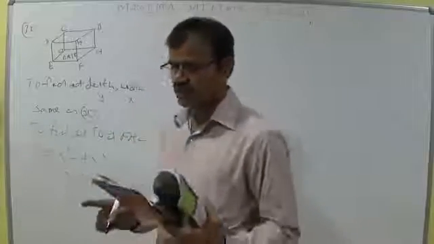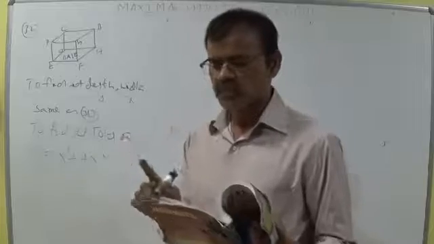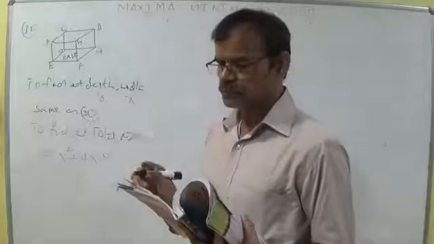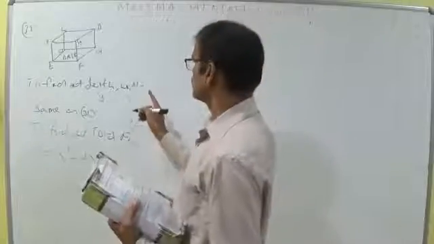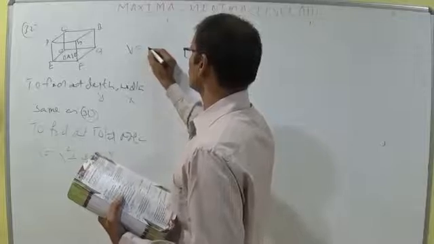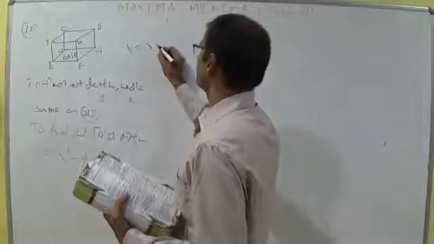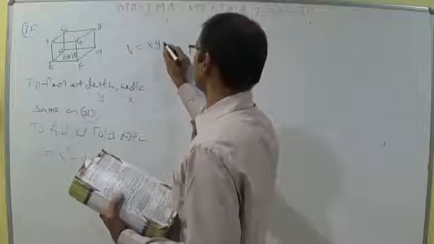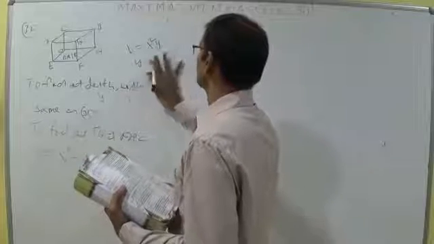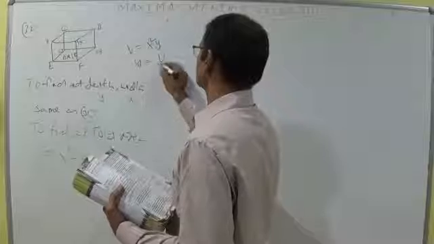An open rectangular tank is constructed with a square base and vertical sides to hold a given capacity. So the data V is equal to LBH, in the similar way x into y, here x square y. Y is equal to V by x square.